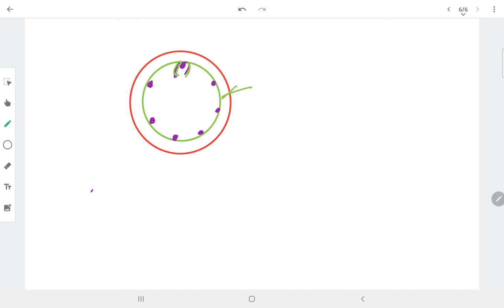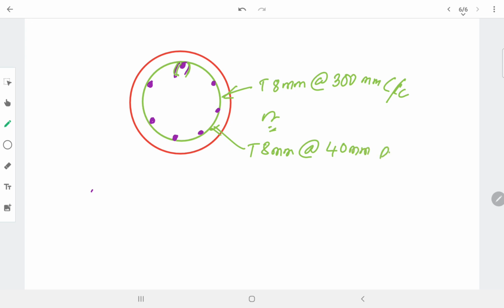So this is the lateral tie, either it is T 8 mm at 300 mm center to center, or it may be T 8 mm at 40 mm pitch.